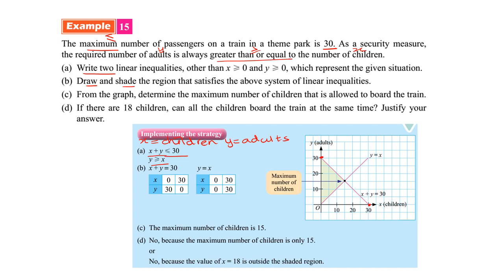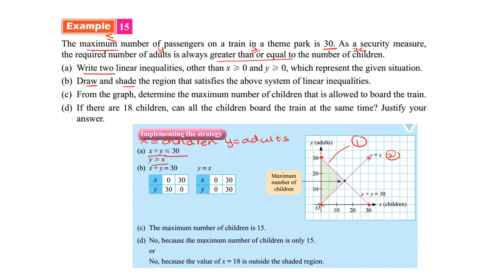So this is the first line. Then the second one is y equals x. The first point is 0, 0 and the second one is 30, 30. We use a solid line to join it. This is the second line.